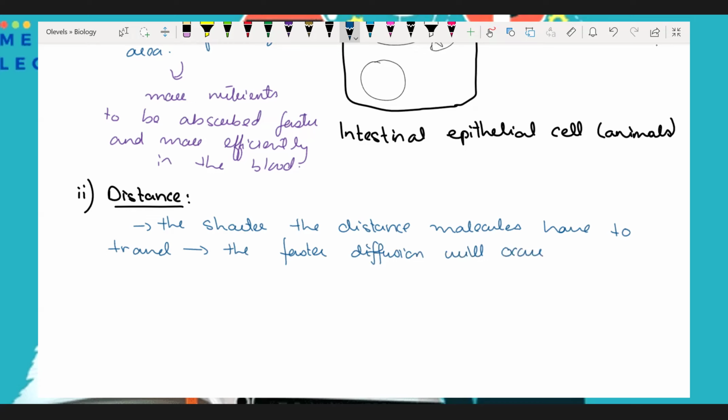Is that clear? The shorter the distance the molecules have to travel, the faster will be the diffusion.